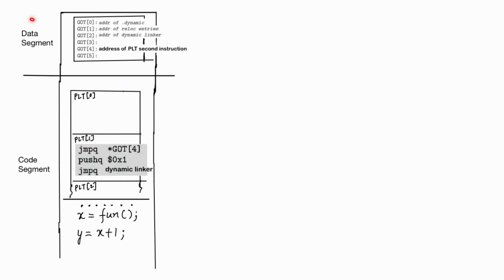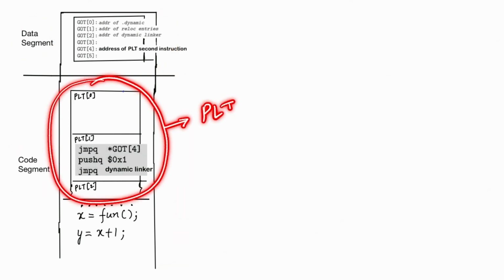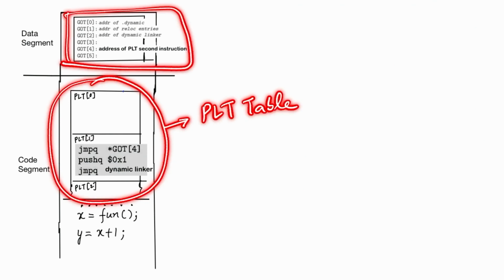Now that we have expanded our tables, let's bring them together to form the virtual address space of a running application. Picture this layout. On the left side, we have a loaded application in memory, complete with both data and code segments. The PLT table resides within the code segment while the GOT table is nested inside the data segment.